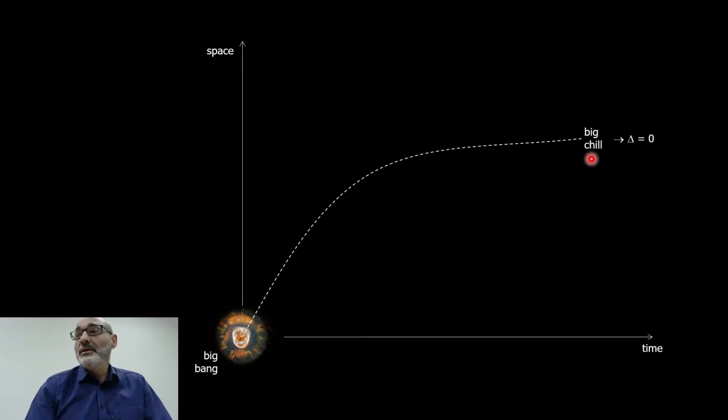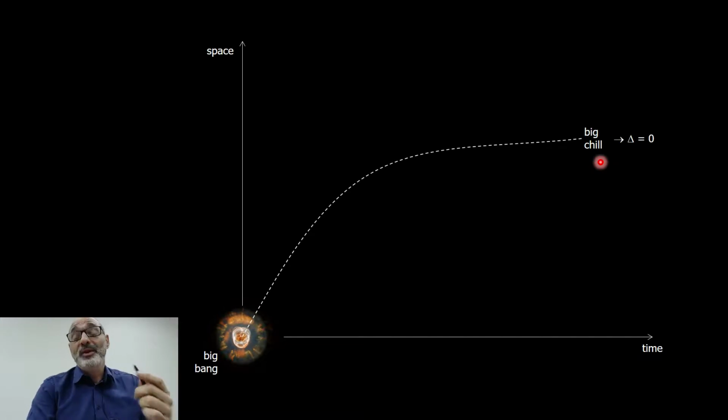There's no difference in pressure, temperature, chemical composition, so there's no useful work. It's simply going to explode, expand, and then it's going to stop, and nothing's going to happen.